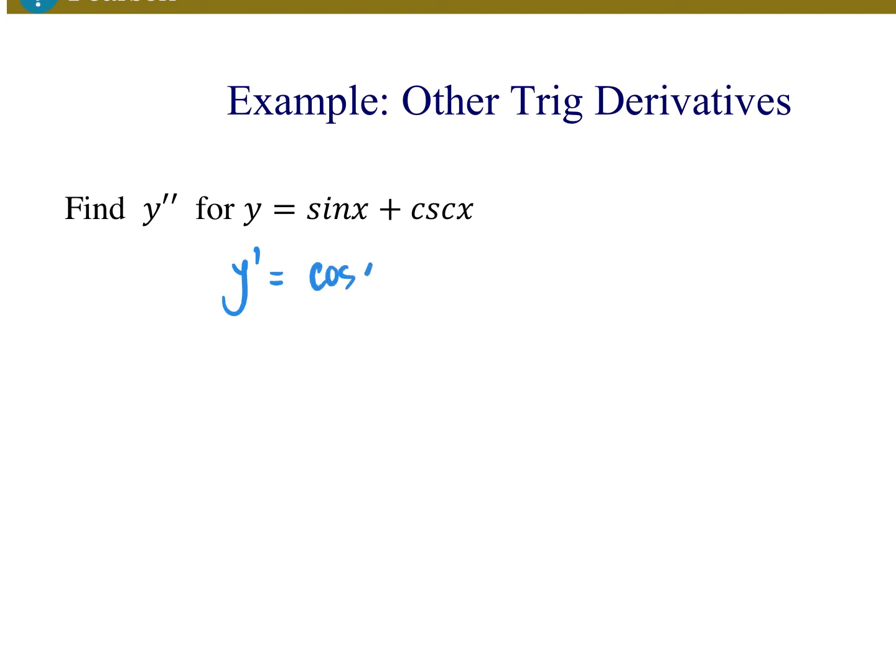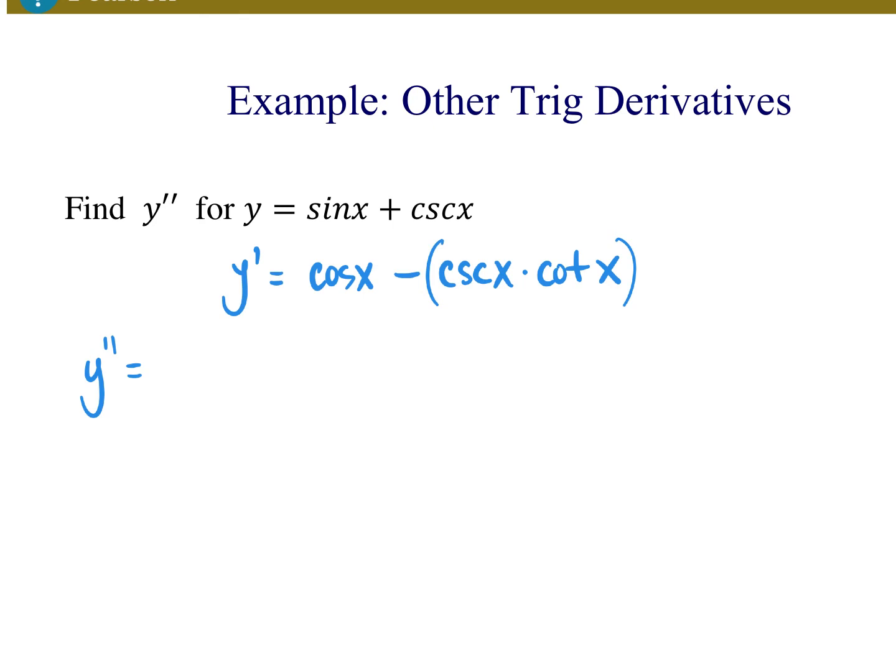Plus, or minus cosecant x times, minus, you switched it to minus, okay, cosecant x times cosecant x. Okay, very good. All right, that is the first derivative. Cosine of x by itself, and then minus the product. Okay, so minus the product of cosecant x, cotangent x, because that's going to be important for us finding the second derivative.